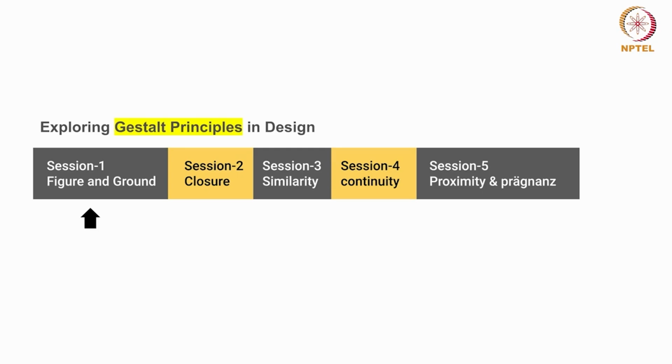Finally, by session 5, we'll conclude with the idea of proximity, how nearby or close by elements or objects create segmentations or create a layout which has a better correlation with each other.